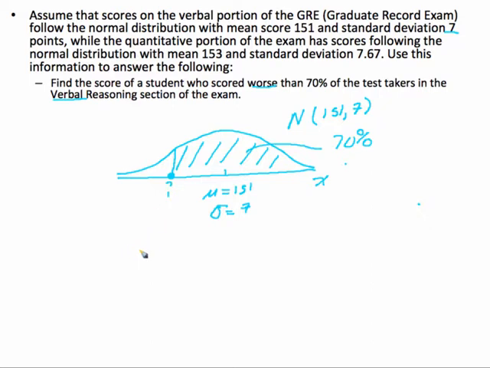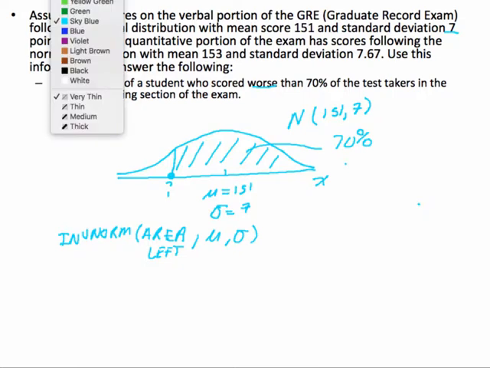Now the problem is that InvNorm requires that you give it an area from the left. In other words, it's the left side area. And then of course you have to give it mu and sigma. Let me change my color here.